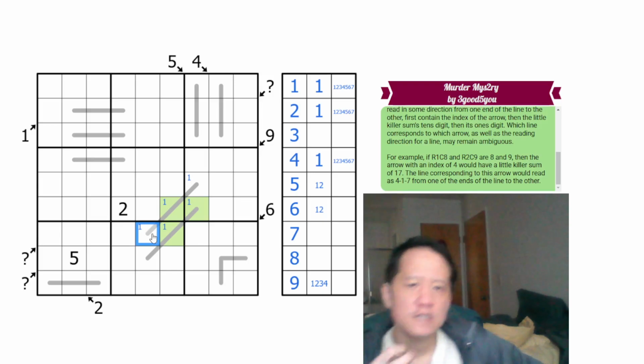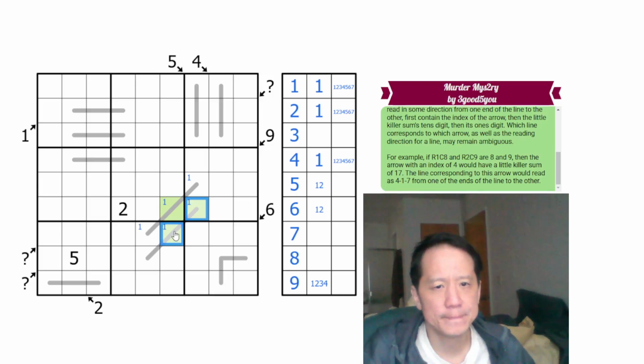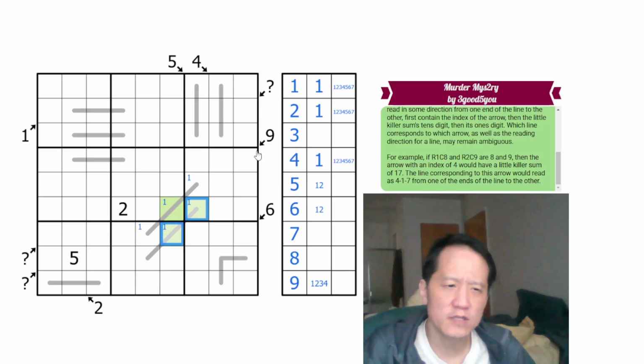This is interesting if this is 1 and 1, right? Is it though? It still could be 2.